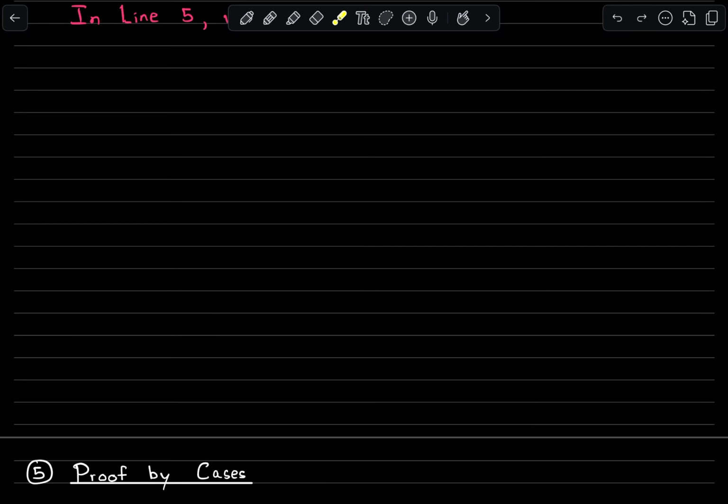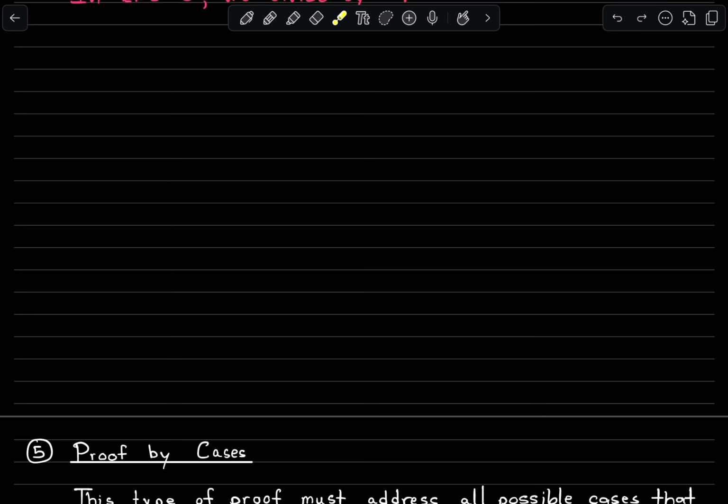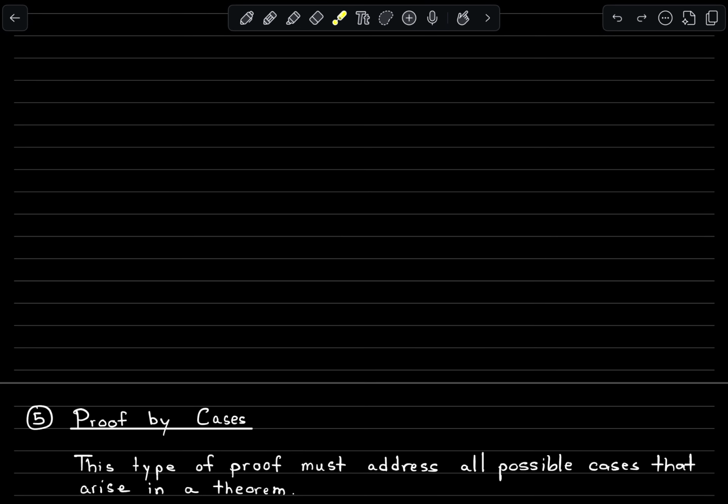Now we've got another method of proofs. This is called proof by cases. This type of proof has to address all possible cases that might arise in a theorem. Until now we've been talking about even and odd integers, and if we make a claim about an arbitrary even integer n equal to 2k, this holds for all other even integers.